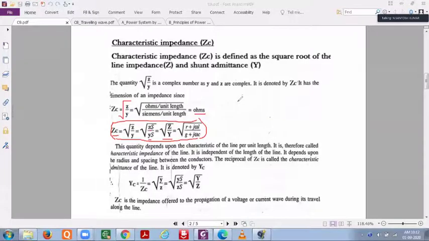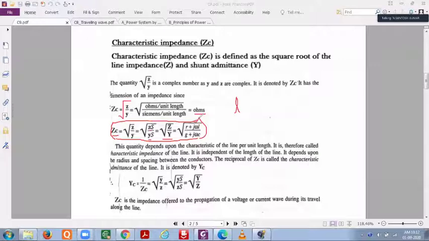What about the length of the line? Do we have any length term in your characteristic impedance? No, sir. So that is an important conclusion. Characteristic impedance is independent of line length.